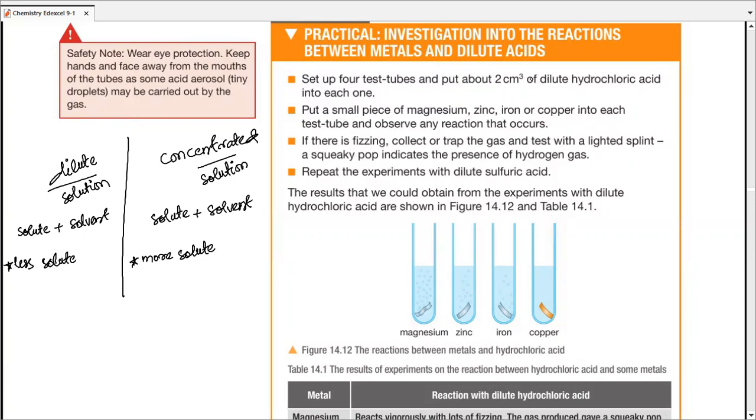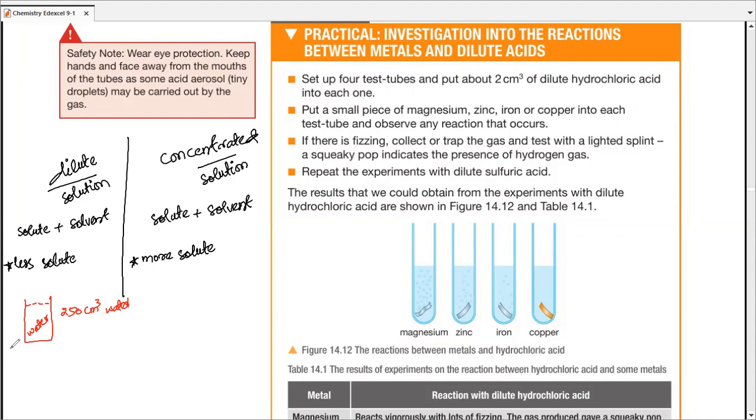Let's take an example to understand what I just said, because without an example, these words might make no sense to you. So let's consider a glass. Let's fill it with water. Usually the glasses of water that we commonly use at home are 250 cubic centimeter water.